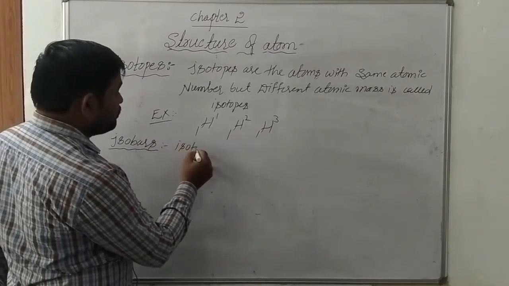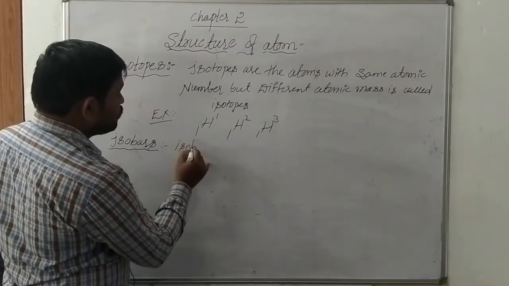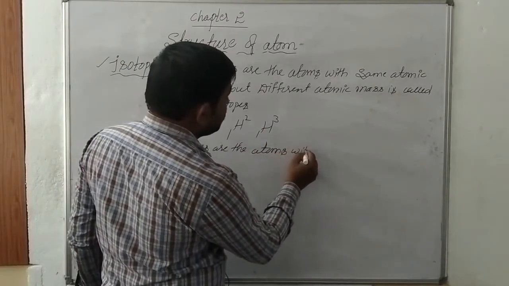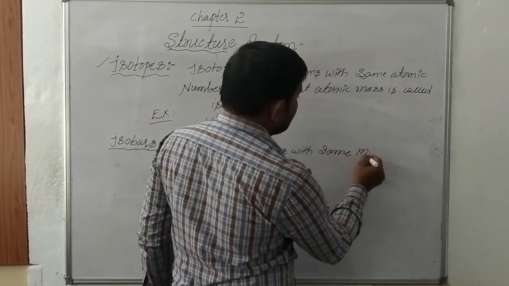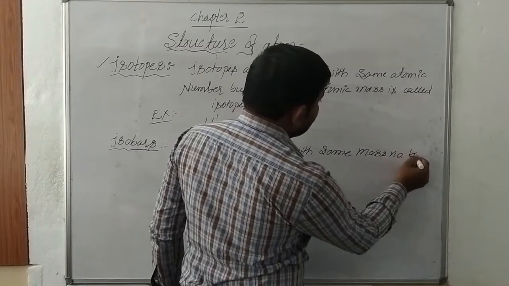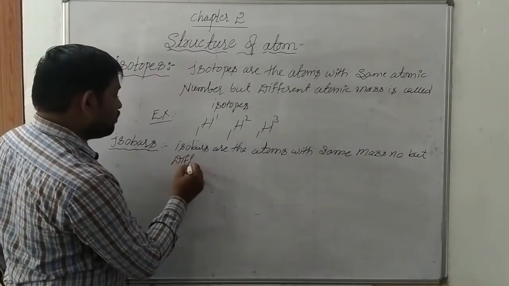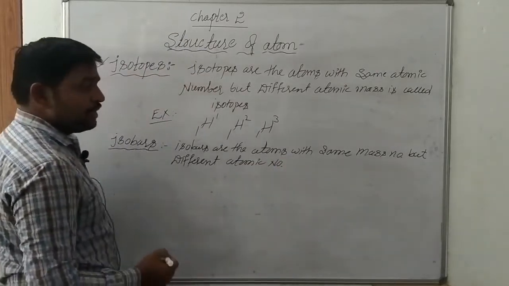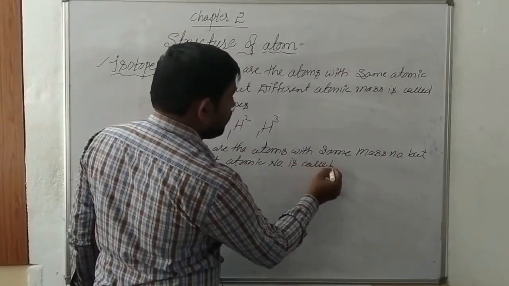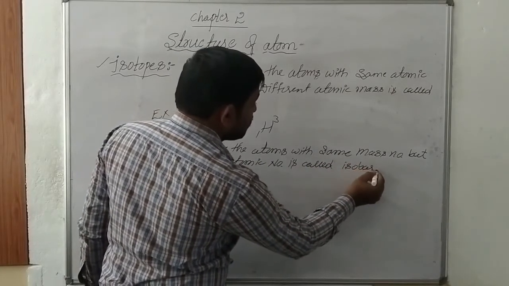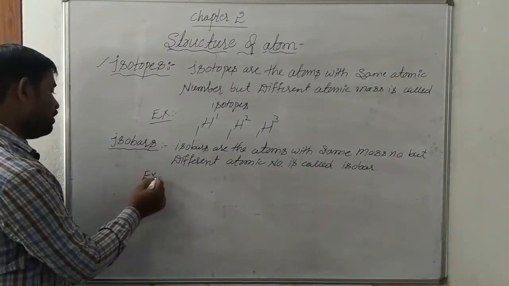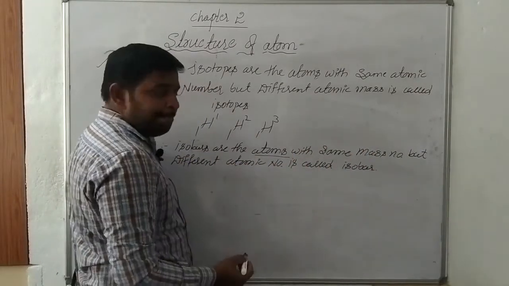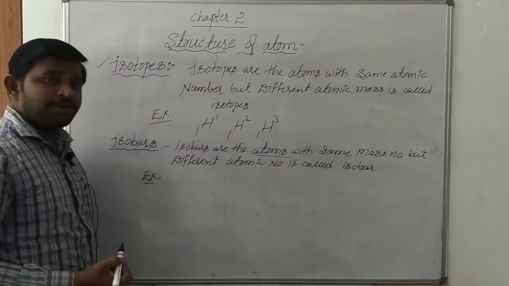Isobars are atoms with the same mass number but different atomic number. Isobars can be defined as atoms with the same mass number but different atomic number.